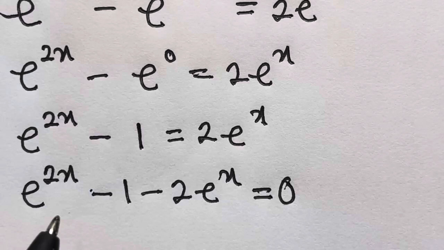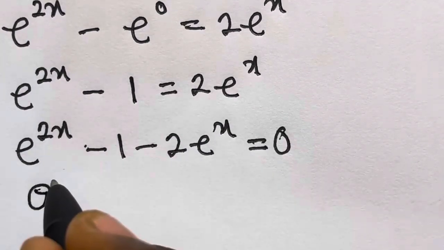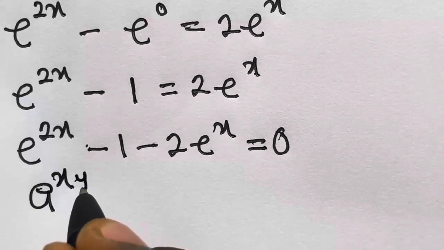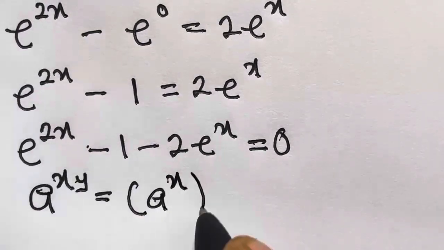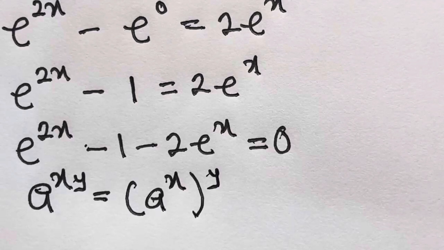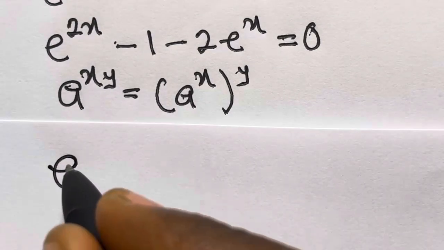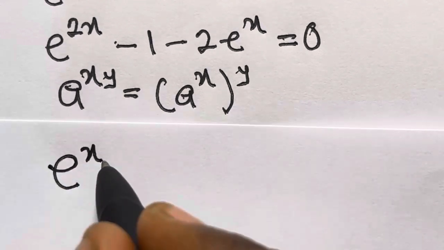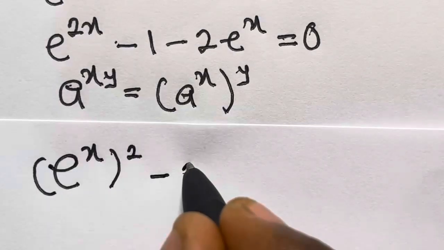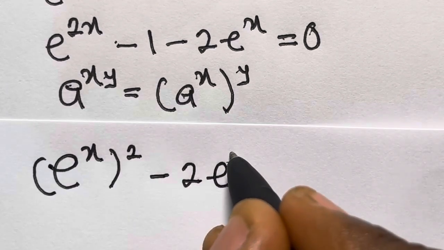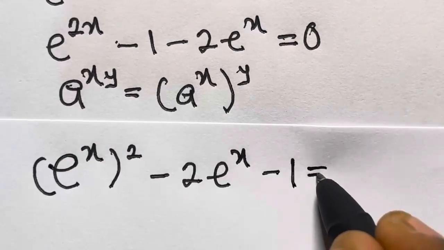But recall that whenever we have a raised to power xy, this is equal to a raised to power x, all raised to y. So this becomes (e^x) raised to power 2, then we have minus 2e^x here, then minus 1 equals 0.